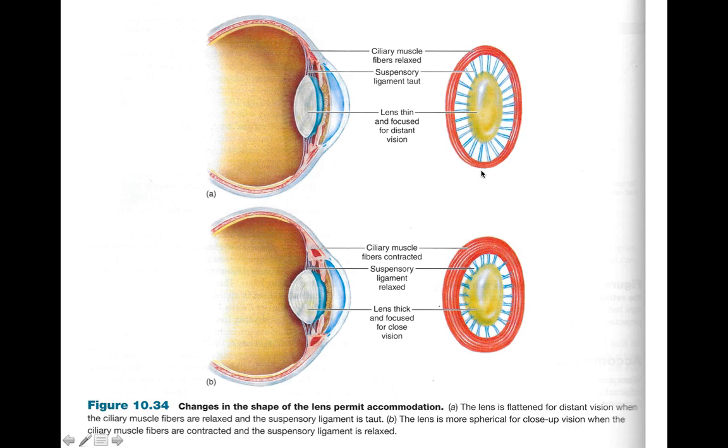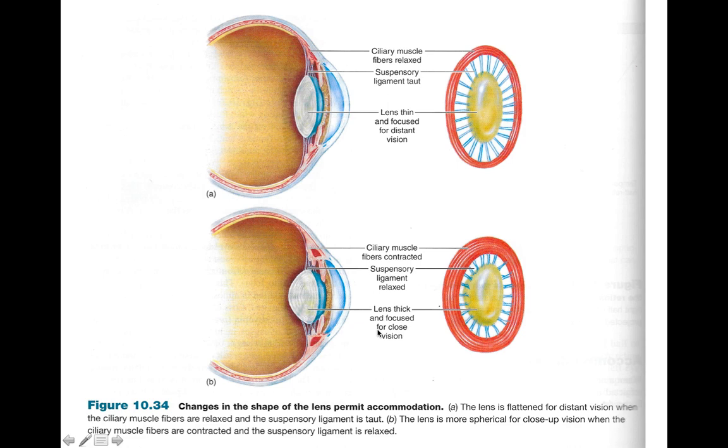However, if you're reading up close, then we would want the ciliary muscle to relax. As you see here, it's relaxed compared to being contracted up here. And then we want the lens to have a more round conformation. You can see it's more flat for distance sight, but for very close, like reading something close, the lens should be more round.